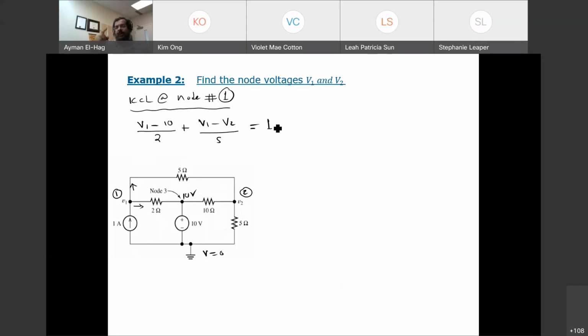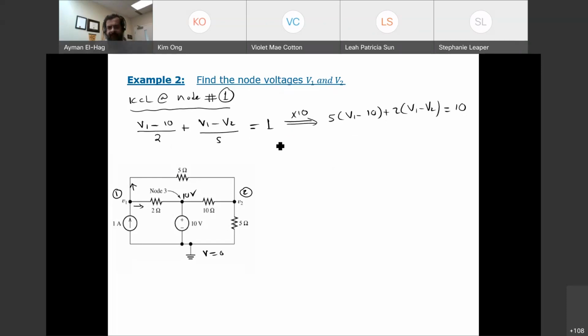Either way, minus 1 equal to 0, or it's equal to 1. Okay, so now let's make the equation look nicer. So let me multiply by 10. If you do that, this becomes 5 times V1 minus 10 plus 2 times V1 minus V2 equal to 10.